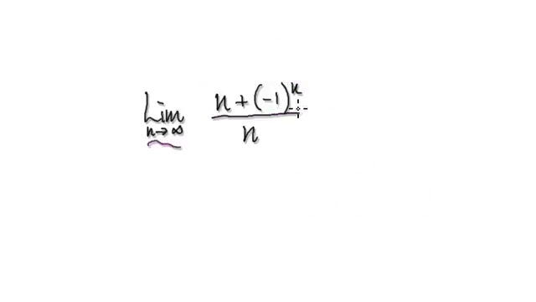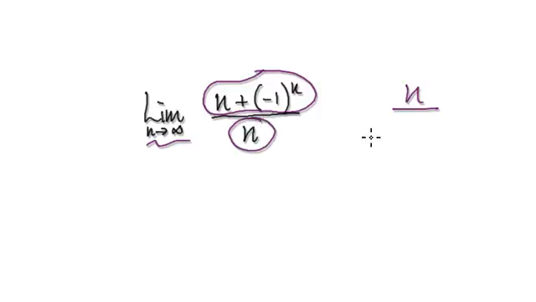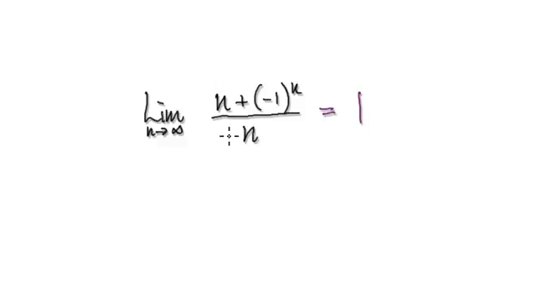So as n tends to infinity, visualize this thing here as being n. Because you're taking away a tiny amount and adding on a tiny amount, consider this as being n. So it's really like n over n, which is 1. So the limit of this, just by glancing at it, you can tell that the limit is 1.